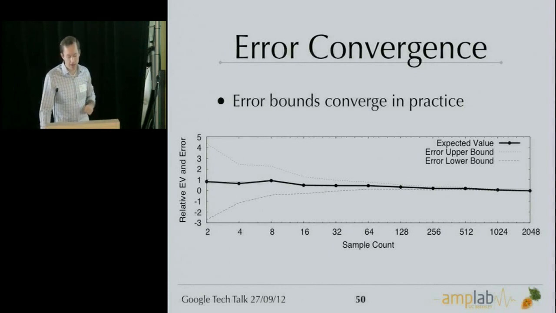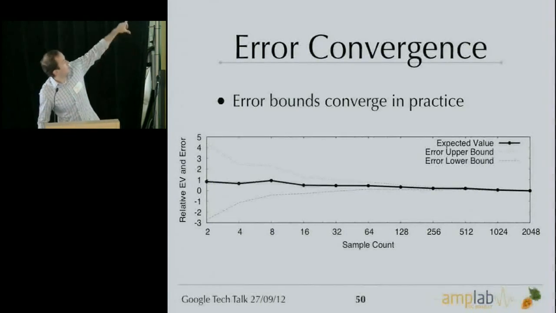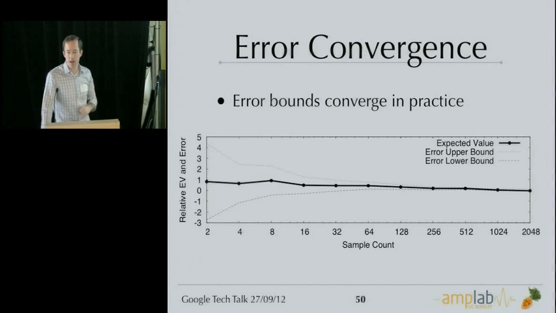And on the y-axis, you're looking at the relative expected value, which is, so 0 would be a perfect estimate of the true expected value based on all of the data, as opposed to just this sampling of it. And then the error upper bound and lower bound are these dashed and dotted lines. So essentially what you're supposed to see here is that those two converge very quickly. So your error decreases rapidly, as does the accuracy of your estimate of the expected value.